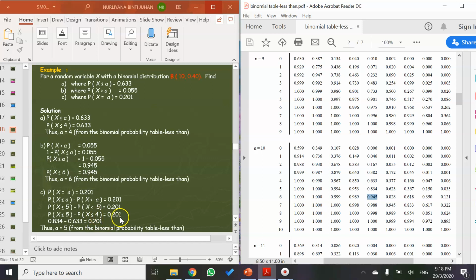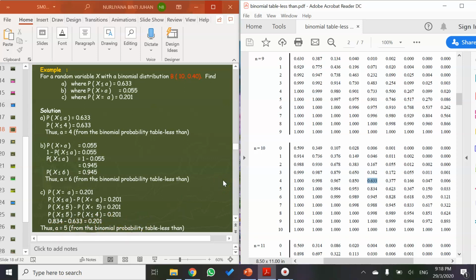So if you check back, X less than or equal to 5 is actually this one, 0.834, minus this one for 4. If you subtract these two, you will get 0.201. So it's actually correct. Your a equal to 5.